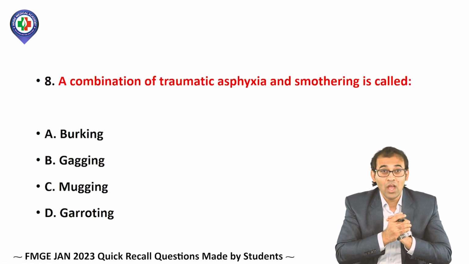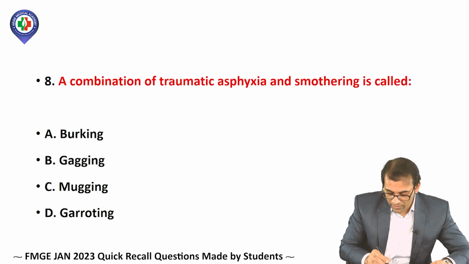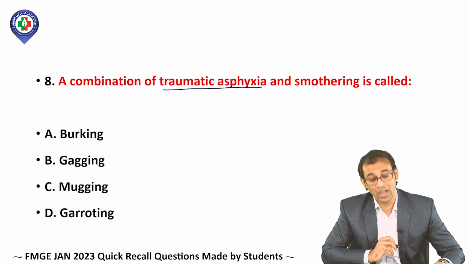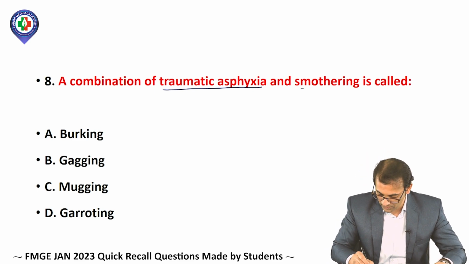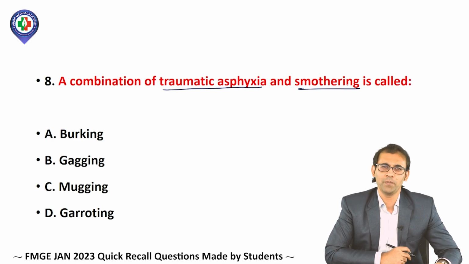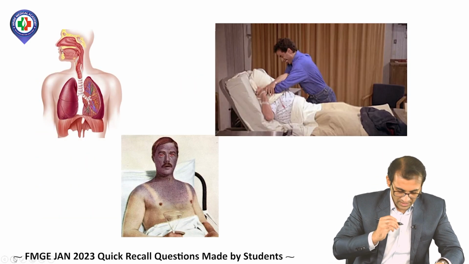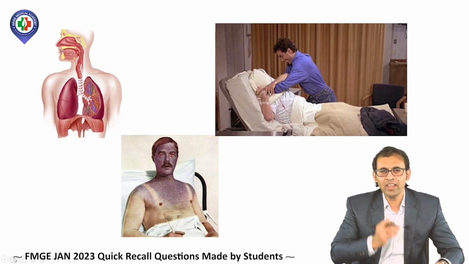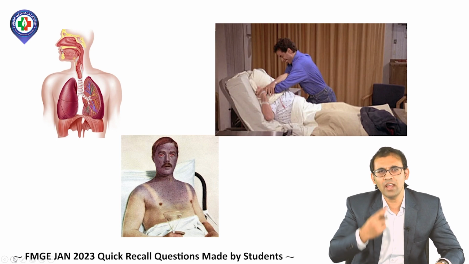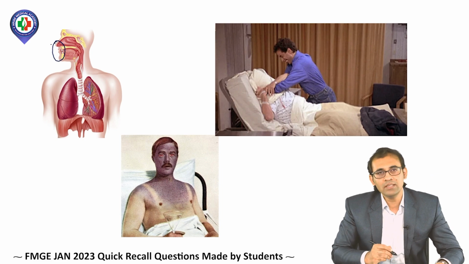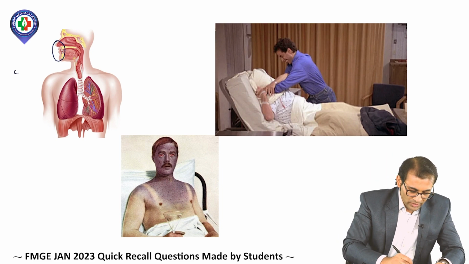Question number 8. A combination of asphyxia due to any trauma and smothering is called as what? Let's understand all these four one by one. See here, when external respiratory passages like nose and mouth will be blocked, this will be called as smothering.